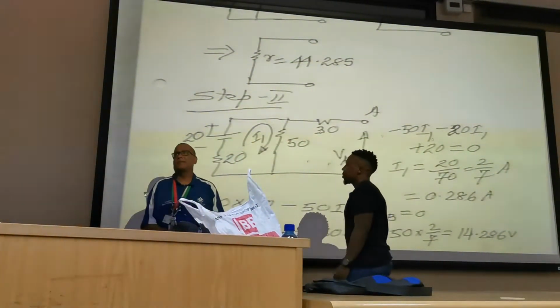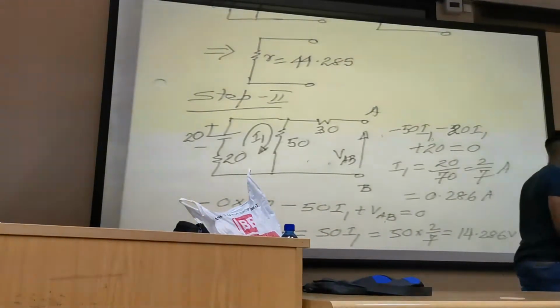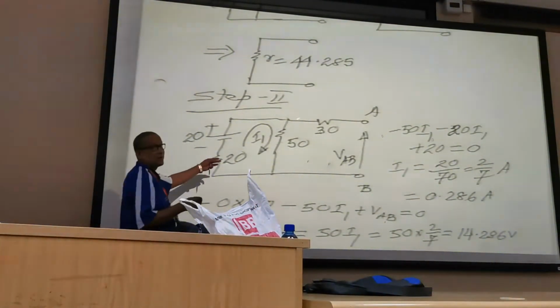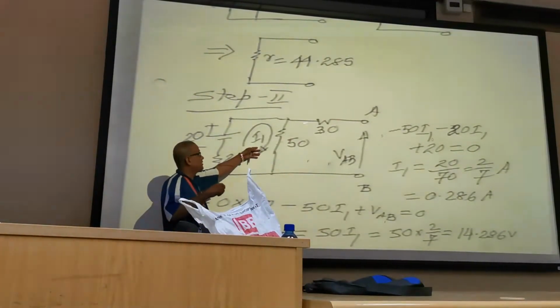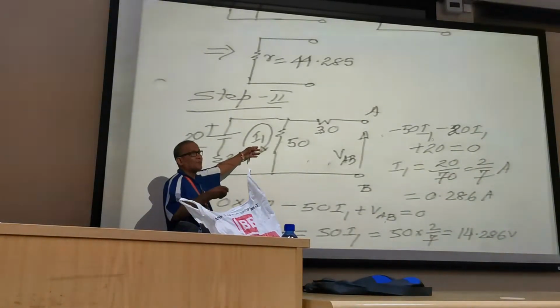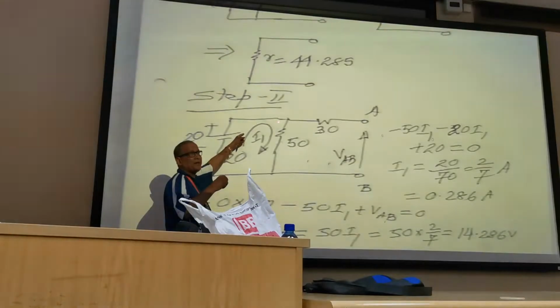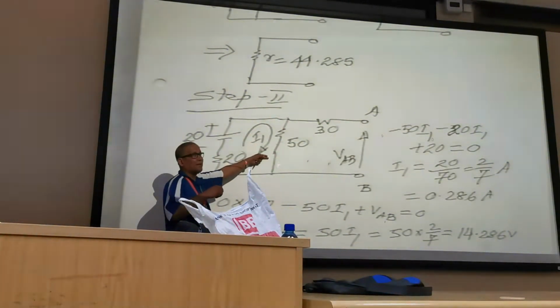So his question is about Kirchhoff's current law. At that point, what will happen about this current? The question is now clear. This current here should be the combination of this current and that current. But there is no current. I'm answering your question. If we apply Kirchhoff's current law, one current will come from here, and one current will come from here.